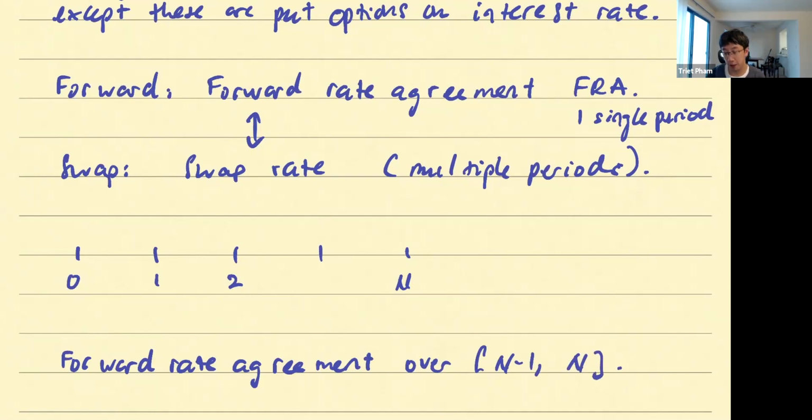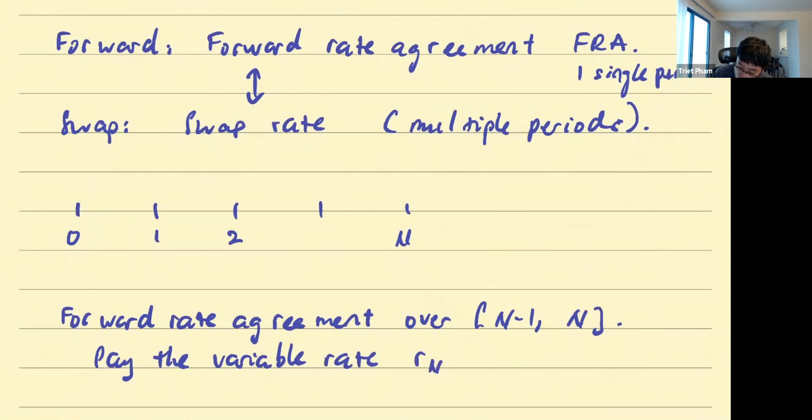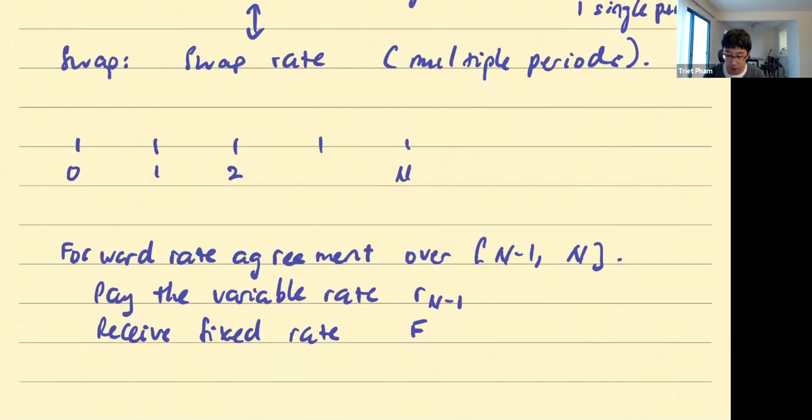All right, so that's like a caplet. What happens is either way, you can pay the variable rate, which is obviously R_{n-1}, and then you will receive the fixed rate, which is whatever the rate that's determined upon. So let's call it F, for forward rate.